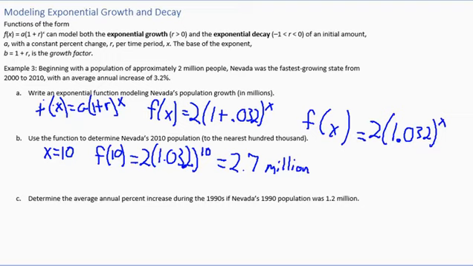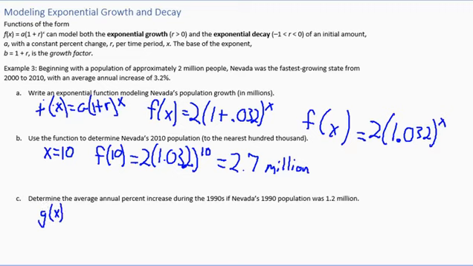We know in 2000 we had 2 million people, and in 1990 there was only 1.2 million people. So this is not going to be the same function. It's not going to be function f because it's for a different time frame.